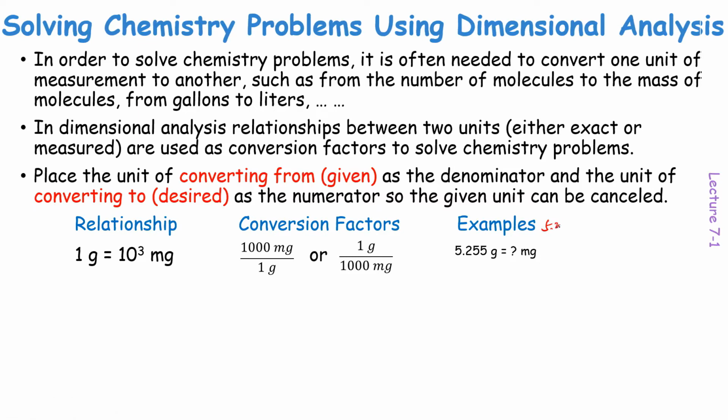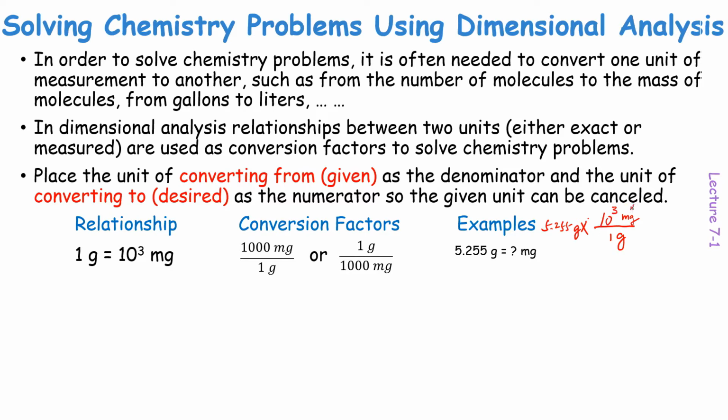5.255 grams. And we are converting from grams. So I'm not sure you could see this red dot. So we are converting from grams, and we put that unit on bottom, 1 gram. Converting to milligrams, we'll place that on top, 1,000 milligrams.